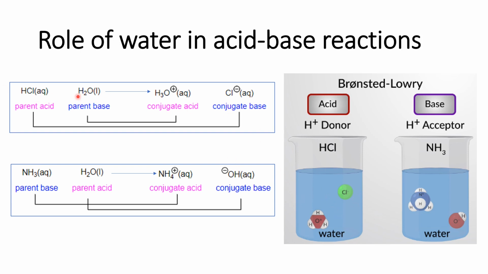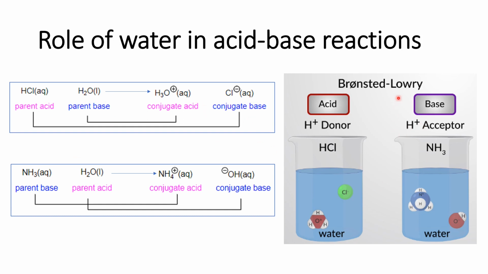As you can see here, when the acid HCl reacts with H2O, it forms H3O+. Why? Because the H+ of HCl will move out to H2O and form H3O+, and it will be left with Cl-. So this parent acid is forming a conjugate base, and similarly a base forms a conjugate acid.